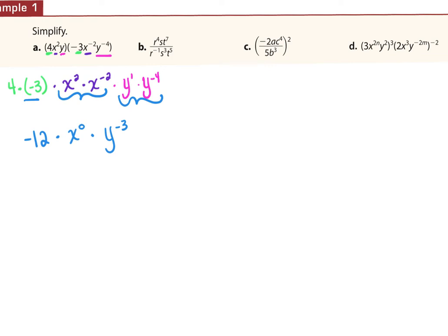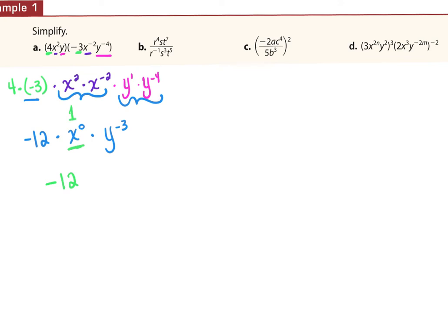All right, so -12, that is not to a power. It is simply a number. It doesn't change. It doesn't go to the bottom. It doesn't have a negative exponent. It is just -12, all right? So -12 stays the same. We're not going to do anything to -12. That is going to remain -12, all right? That is being multiplied by this guy. But what is x to the 0? It is 1. So what happens when I multiply -12 times 1?